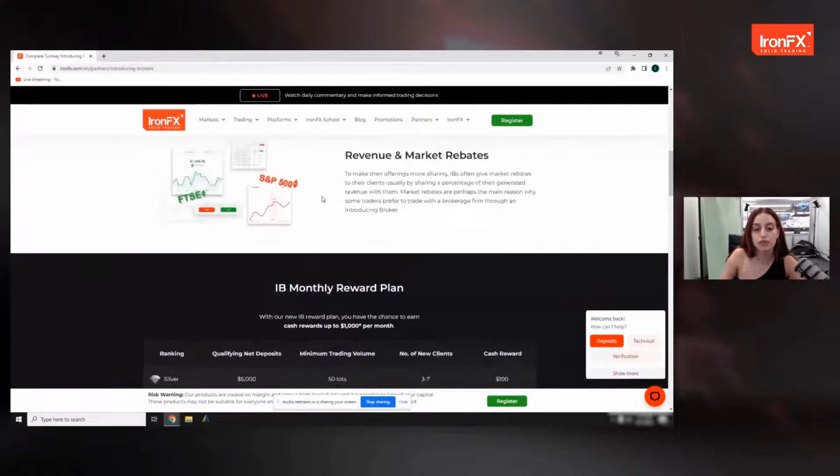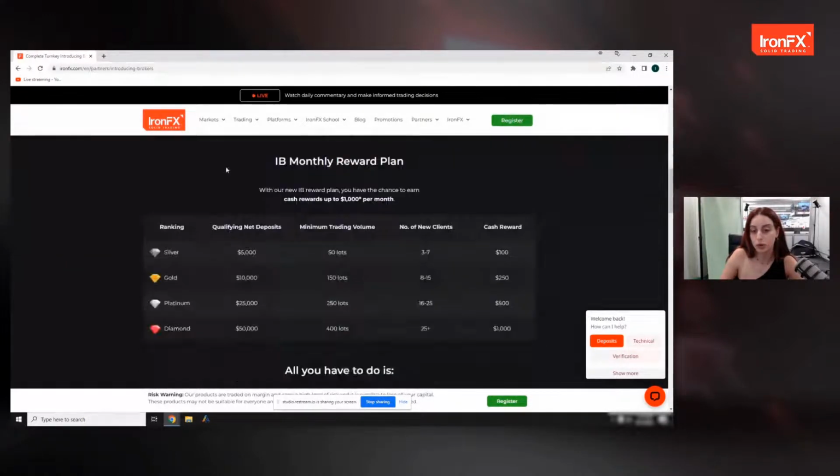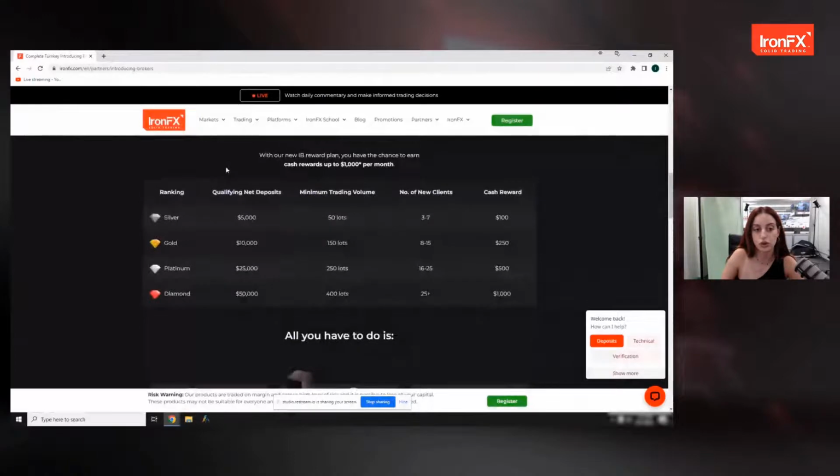Moving on, we have the IB monthly reward plan. So you have different options right here. We have silver, gold, platinum, and diamond. Let's get started with the silver. We have the ranking, and then you go to qualifying net deposits, minimum trading volume, number of new clients, and cash reward.